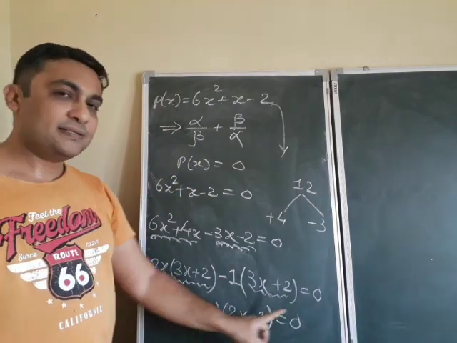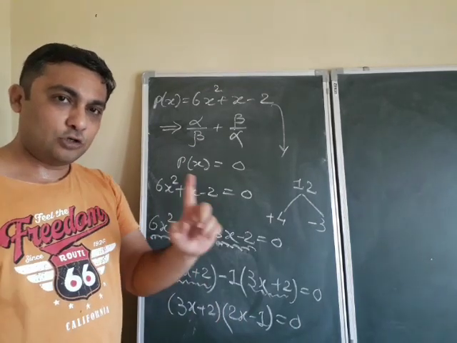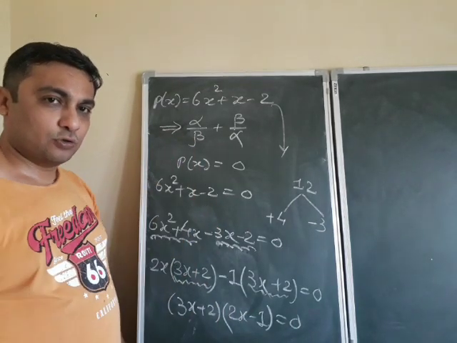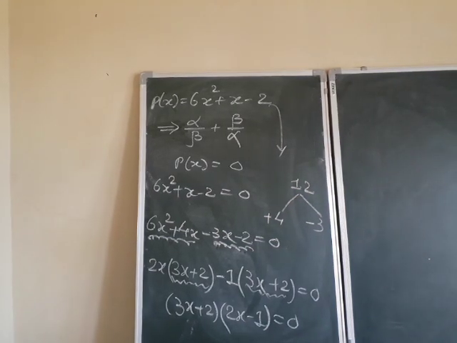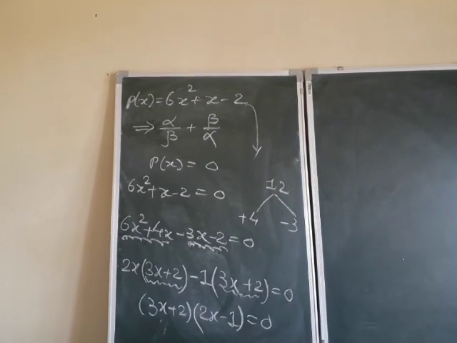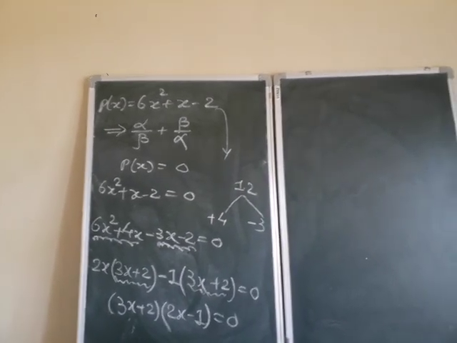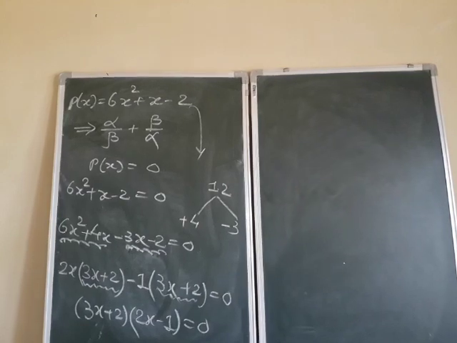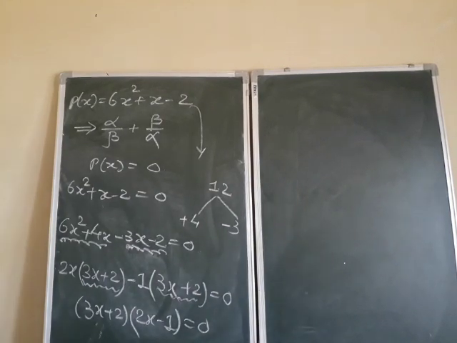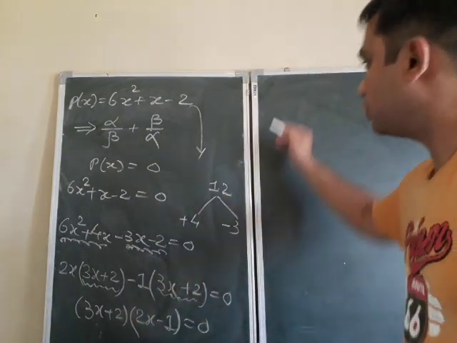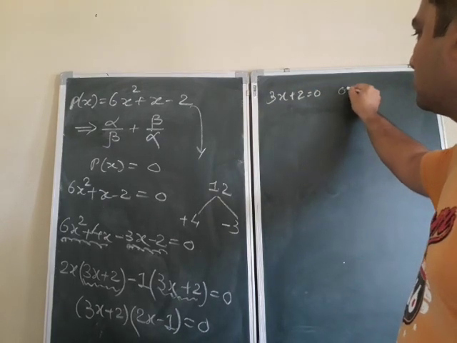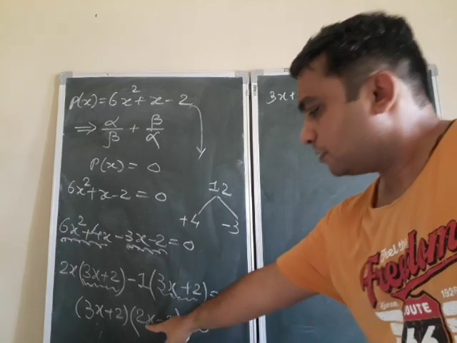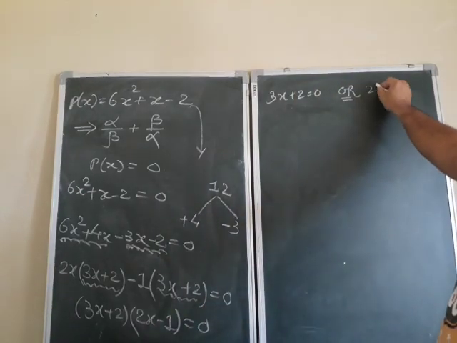Now A into B is equal to 0. It means A is equal to 0 or B is equal to 0. Okay, so see. A into B is equal to 0. It means A is equal to 0, otherwise B is equal to 0.